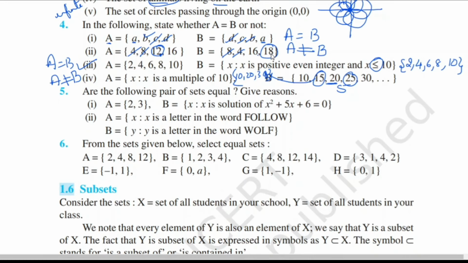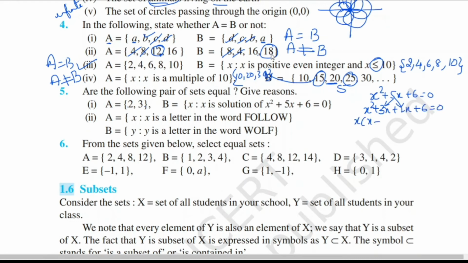Fifth one, are the following pairs of sets equal? Okay, we will see again whether they are equal or not. A is 2, 3. B is x such that x is a solution of, okay, we'll have to solve this, x square plus 5x plus 6 equal to 0. What are the factors over here? x square plus 3x plus 2x plus 6 equal to 0.